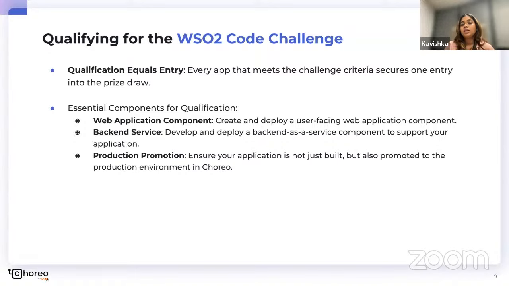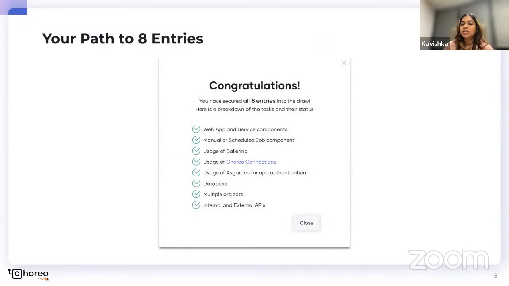What Asanka showed in today's call was how you can maximize your chance of winning by satisfying all 8 requirements that are listed in the Cybertruck challenge page. As long as you have a front end and a back end app deployed in production, that makes you eligible for the draw. We'll give a few more seconds if there are any other questions.